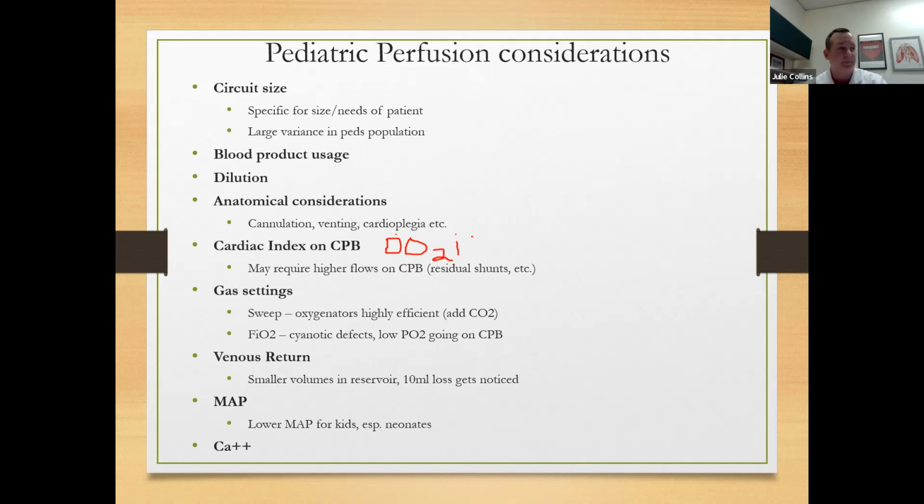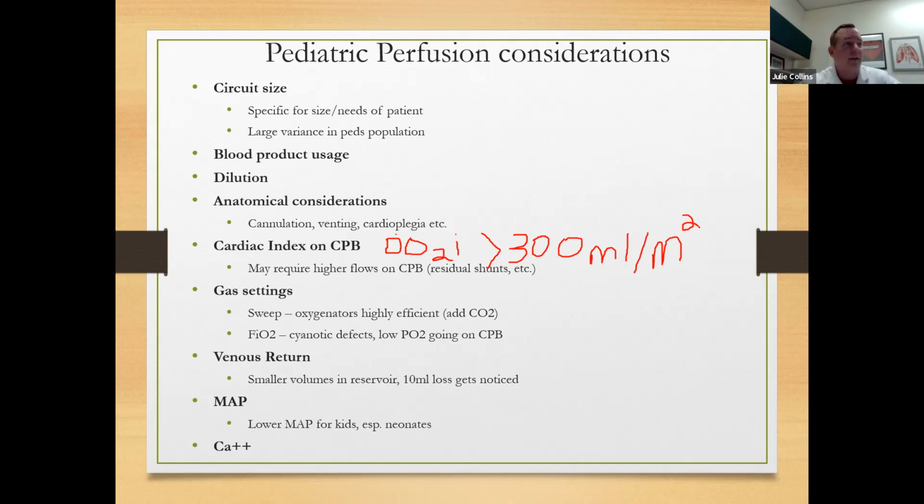In kids, an oxygen delivery index greater than 300 mils per minute per meter squared is usually what we're trying to target. There have been studies to show that this is really the optimal D.O2I that we are looking for.